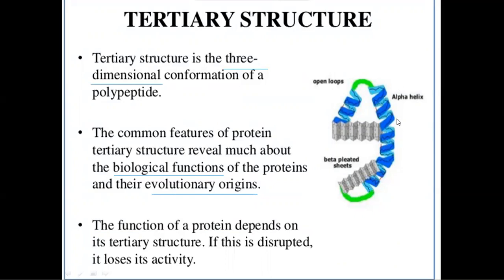They maintain the integrity of the proteins, and maintain the size and shape of the proteins, the three-dimensional shape. And it is also useful for finding the evolutionary origins through these tertiary structures. If we change the size or shape of these tertiary structures, the activity of the protein will be altered.